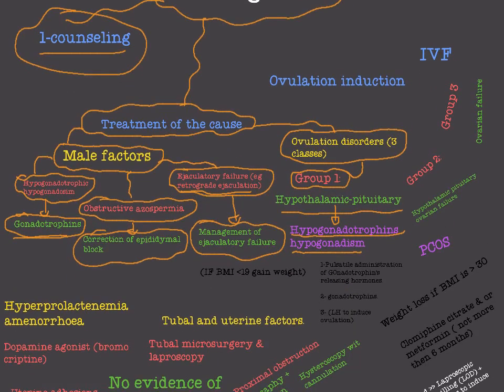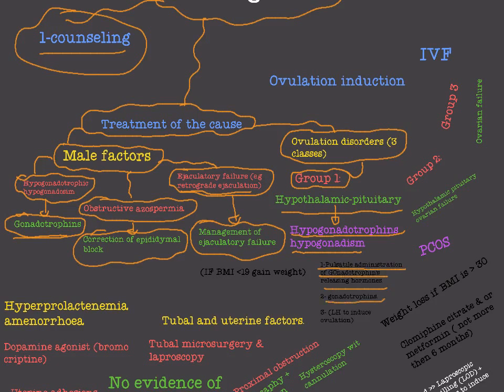In the case of hypothalamic pituitary axis dysfunction, group 1 ovulation disorder, we have to give a replacement therapy for these gonadotrophins. We have to give a pulsatile administration of gonadotrophin releasing hormone, or gonadotrophins.